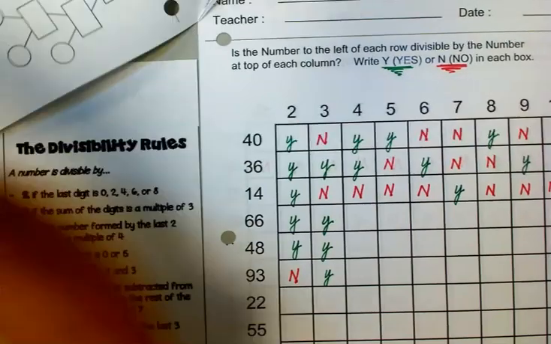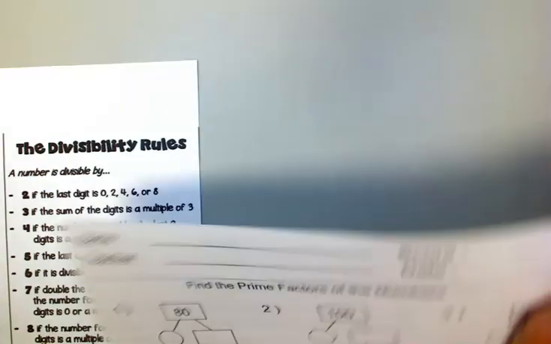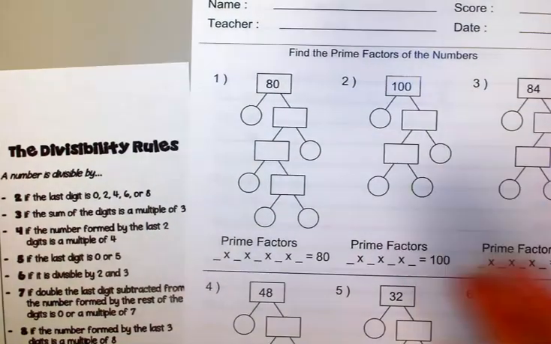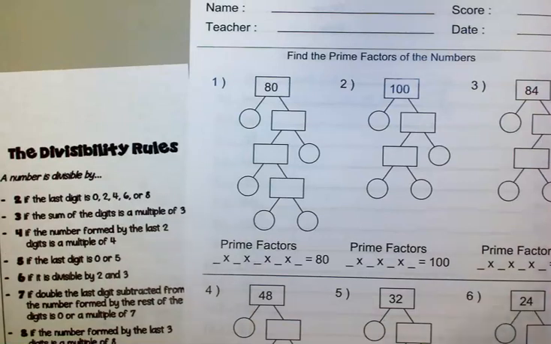So a prime number is a number that is only divisible by 1 and itself. Like 2 is a prime number because it's only divisible by 1 and 2. 3 is a prime number because, again, it's only divisible by 1 and 3. 4 is not a prime number because it's divisible by 1 and 4, but it's also divisible by 2.